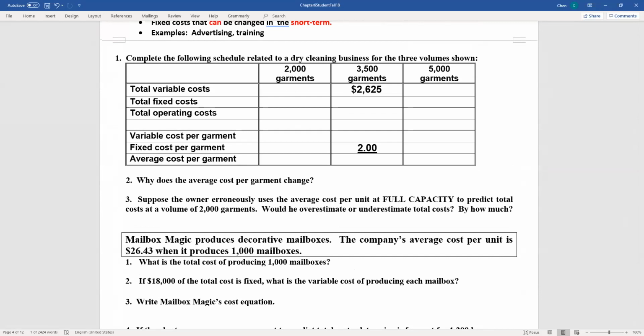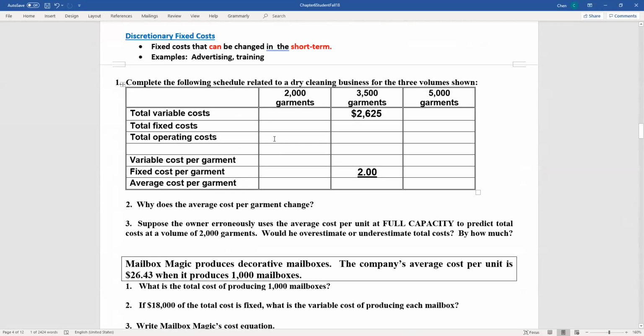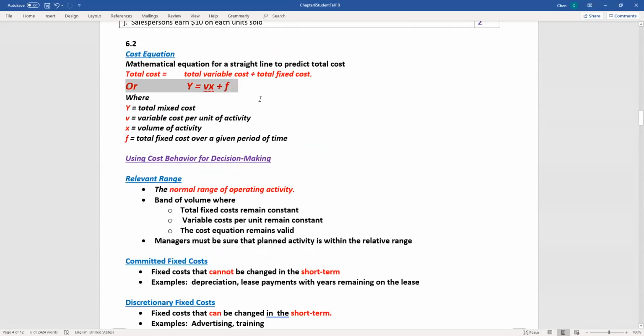Here is an example regarding how to determine the cost. If you have some amounts, like fixed cost or variable cost, it's just a matter of squeezing out the equation.